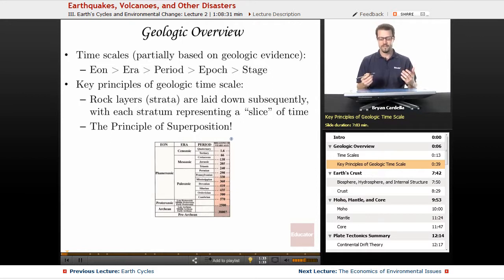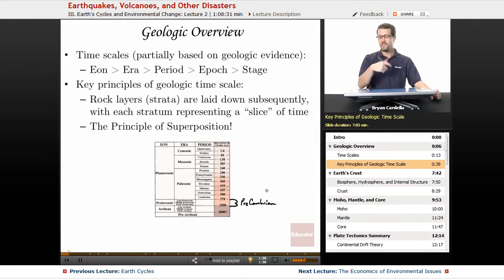So the principle is that the further down we go, the older the stratum we're looking at. So related to that information, I just want to go over some major events in these periods of geologic time. And like I said, this is somewhat of a review from biology, but this does apply to environmental science as well. When we go prior to the Cambrian period here, you can say that in here you have the pre-Cambrian.